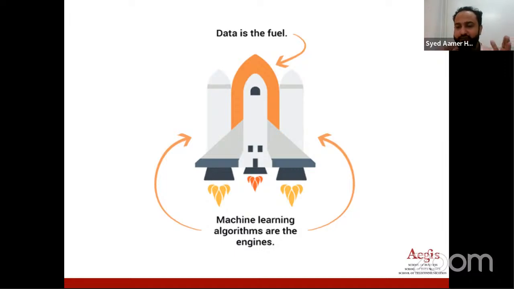All these parameters are called independent features. I'm using the terms that we use in machine learning. And whatever you have to predict finally is called the dependent feature. Is that clear? All the columns in the data set are called features. The parameters that you use are called independent, and finally whatever you predict is called the dependent feature. So we'll have multiple X values and one Y value.